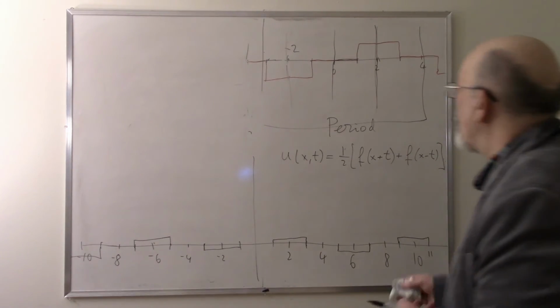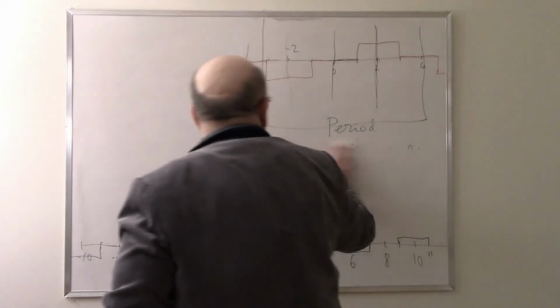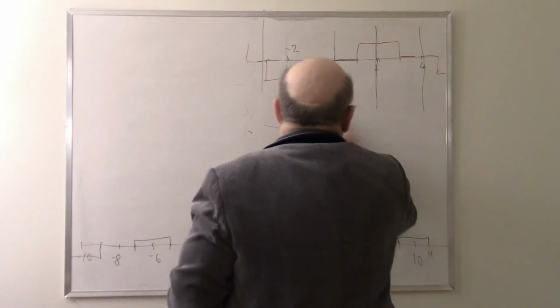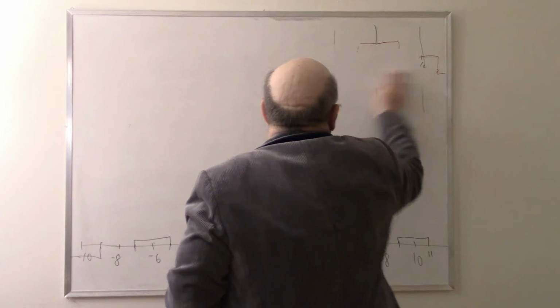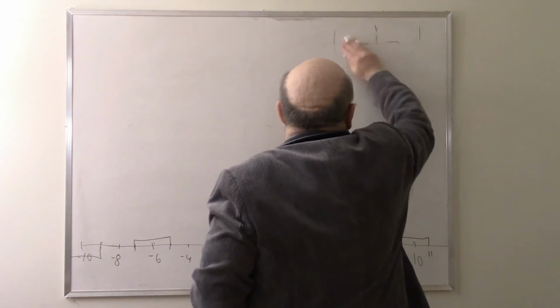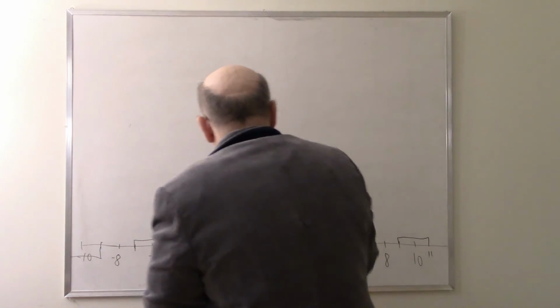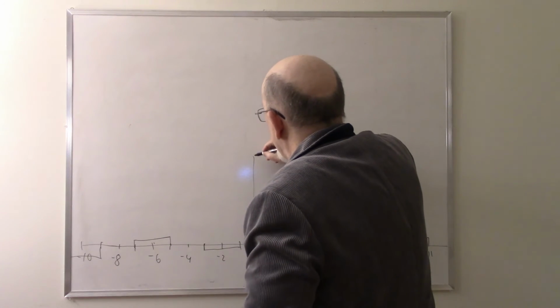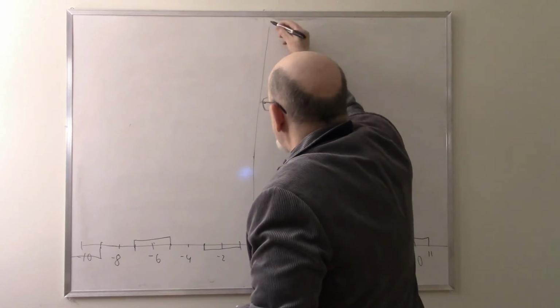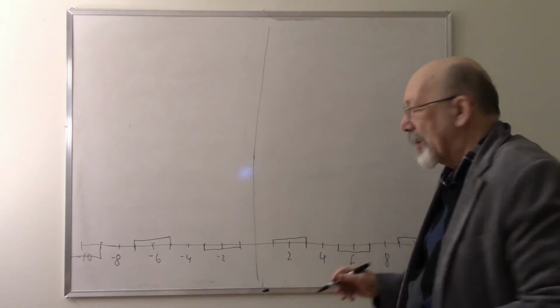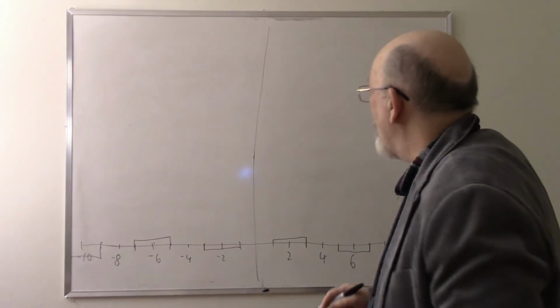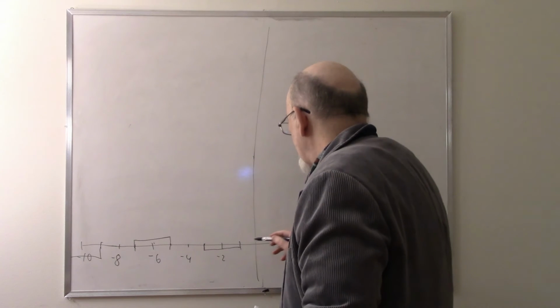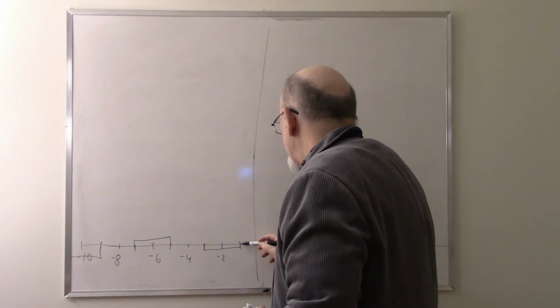And now let me draw the domains where we will look for the solution. The function is piecewise constant, so the solution will also be piecewise constant. So let us draw the characteristics.